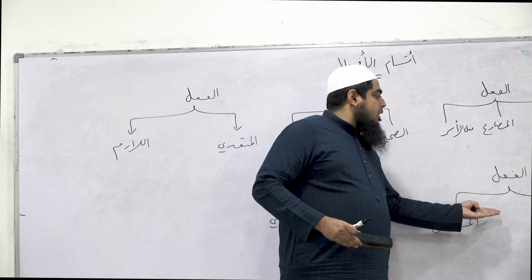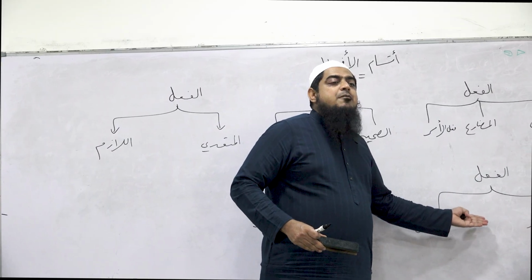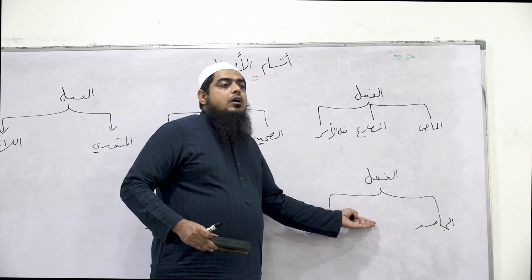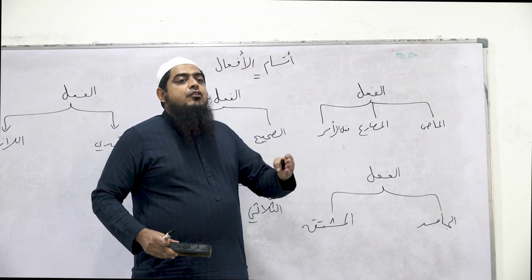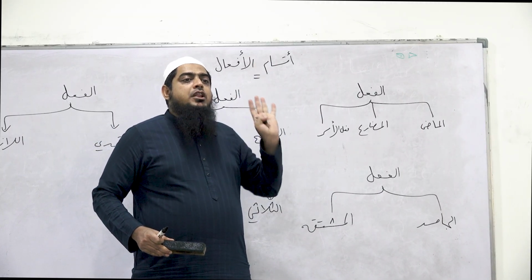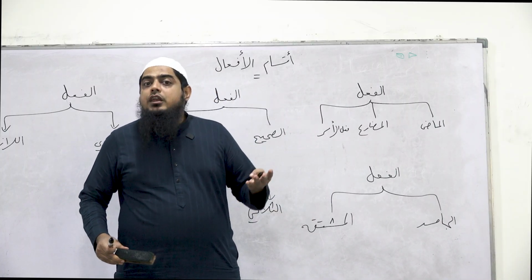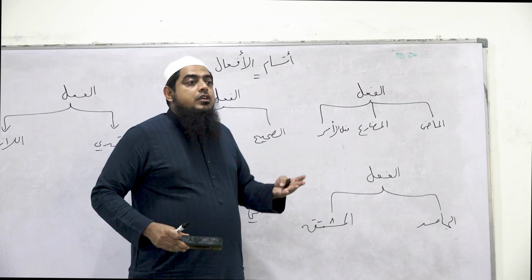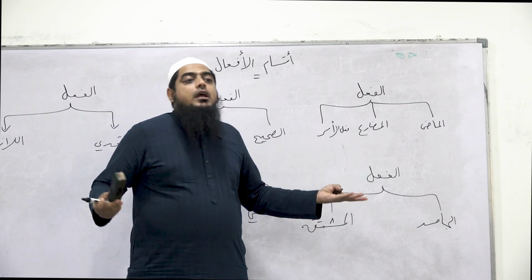This kind of classification depends on what? Al-jamid al-mushtaq. You have some verbs, some fi'l, which you can't conjugate. Sometimes it will take only madi. You can't conjugate mudari. Sometimes it will take only mudari. You can't conjugate madi. Sometimes it will take fi'l amr. You can't conjugate madi mudari.